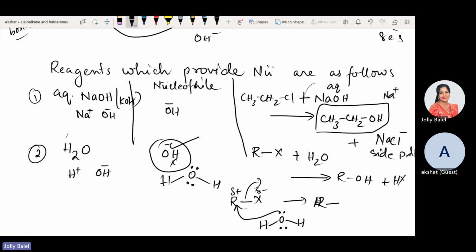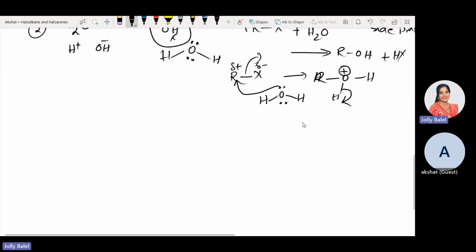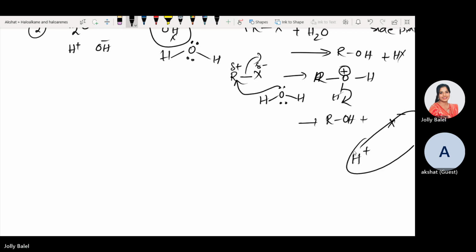So we get R, O, H and H. Since oxygen can make only two bonds, there will be a positive formal charge. So it will remove one H easily so that it can get stable as ROH. And this H plus, moving around with X minus, will form HX. Got it?